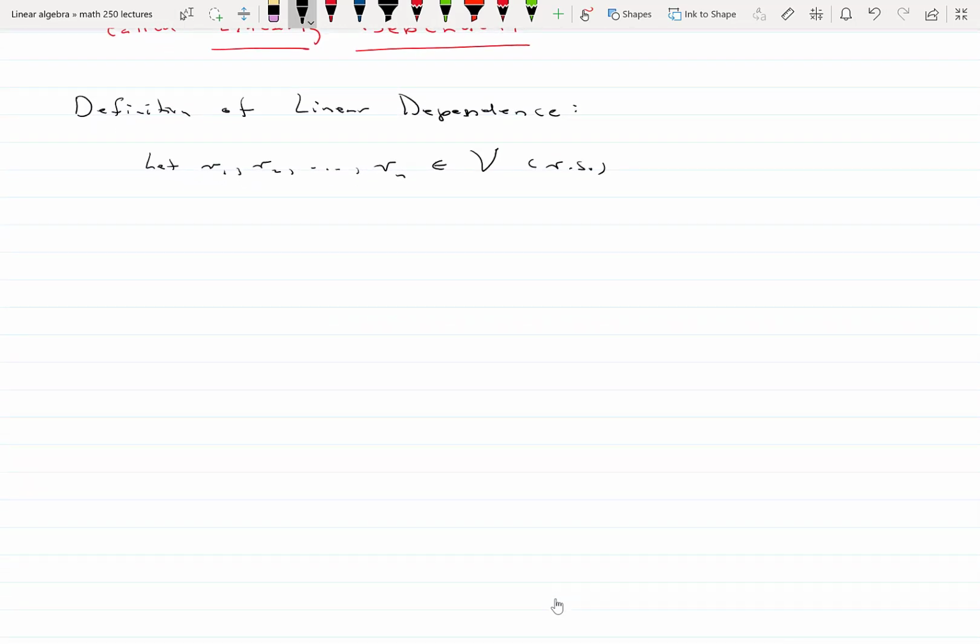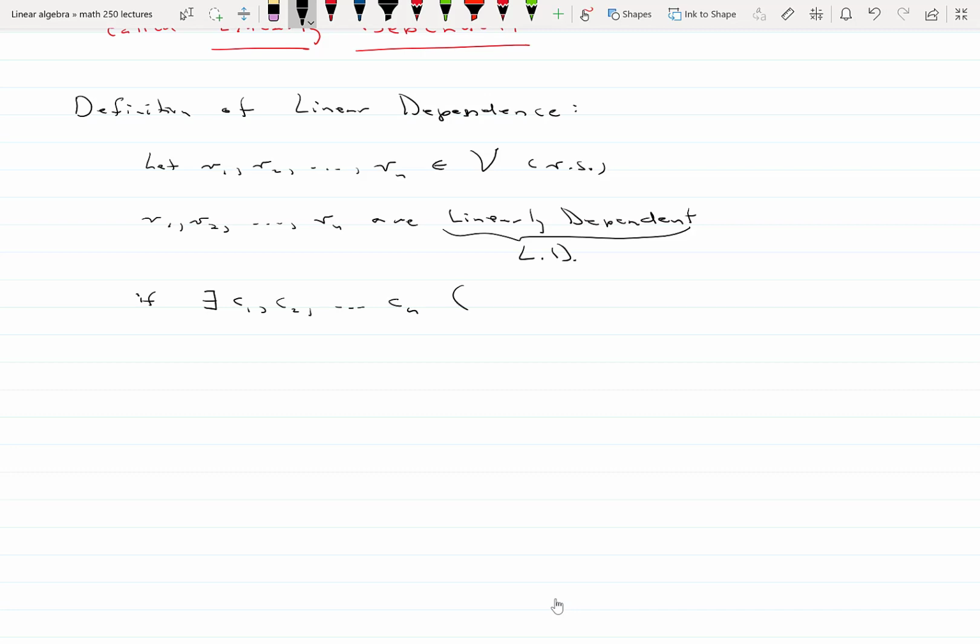The set V1, V2, all the way up to Vn, these vectors are called linearly dependent, and yes, we're going to abbreviate soon, LD, if and only if, or we could just say if, there exist constants C1, C2, all the way up to Cn, not all 0.